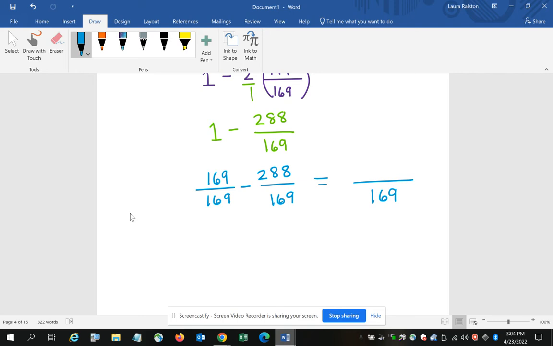Do the subtraction. 169 minus 288 equals negative 119 over 169. Now, these are fractions, so if you need to, make sure you simplify the fraction. This one does not, but should you be asked to, make sure you simplify your fraction. So the answer is negative 119 over 169.